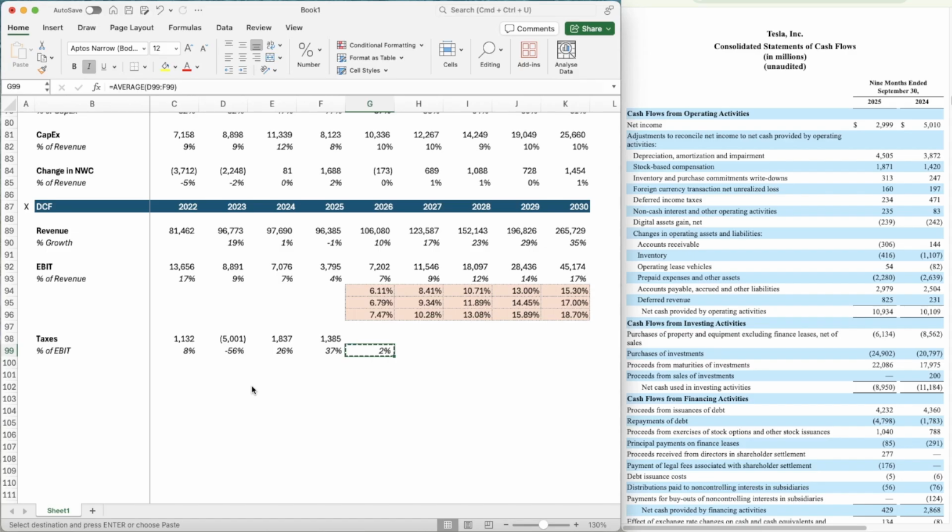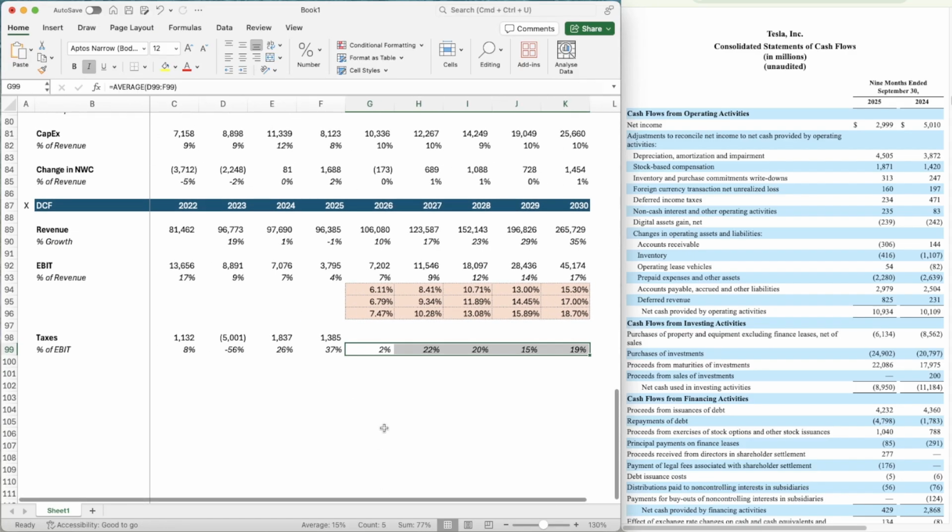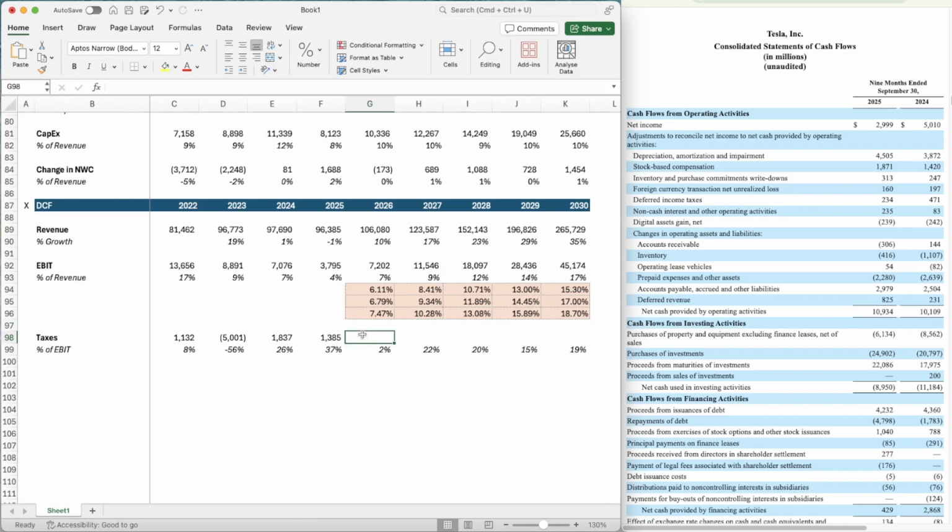They're not going to be paying. Oh, that's fair. Let's do it like that. That looks okay. Then go EBIT multiplied by the tax rate. You see a huge tax benefit here. Yeah, let's go with that.